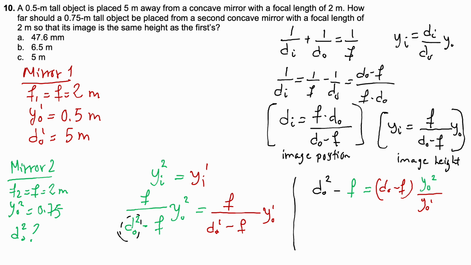Now because you have that minus f, your location is going to be f plus d sub 0 minus f, times your ratio of the heights.